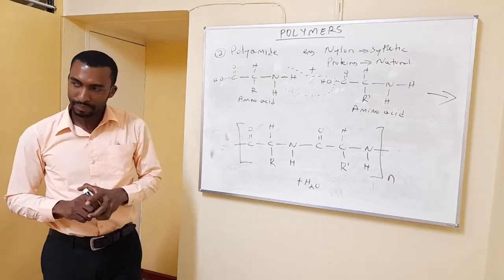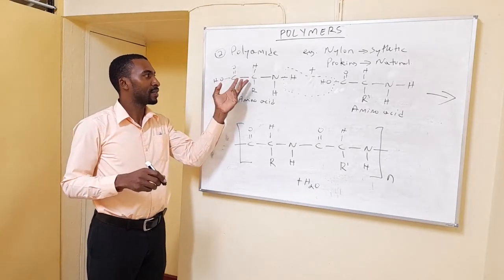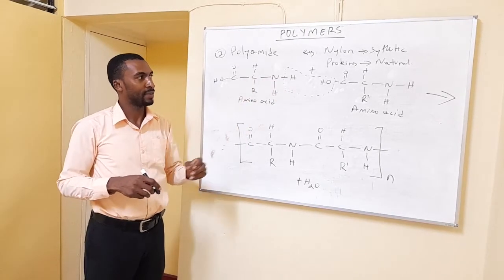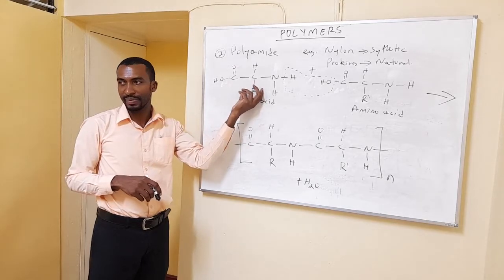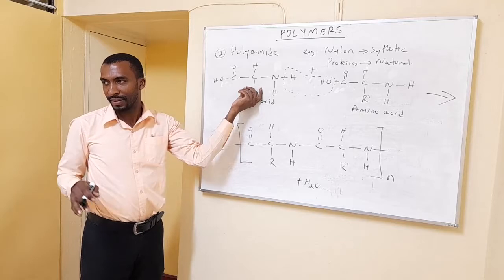You can remember that the amino acid will have two carbons here plus a nitrogen here. But this group here doesn't have to be a hydrogen, it can be a hydrocarbon, or sometimes it can even have other molecules.